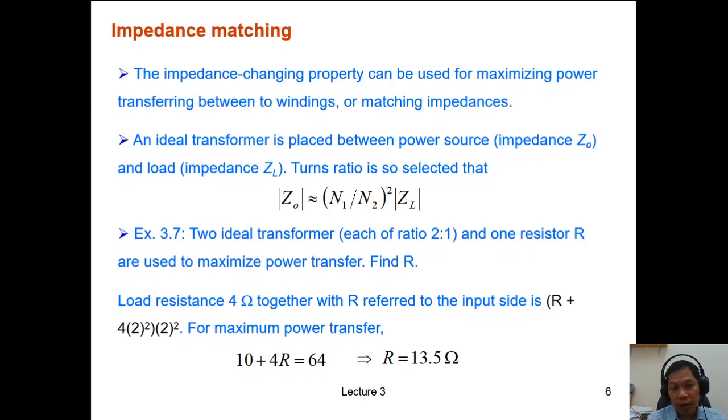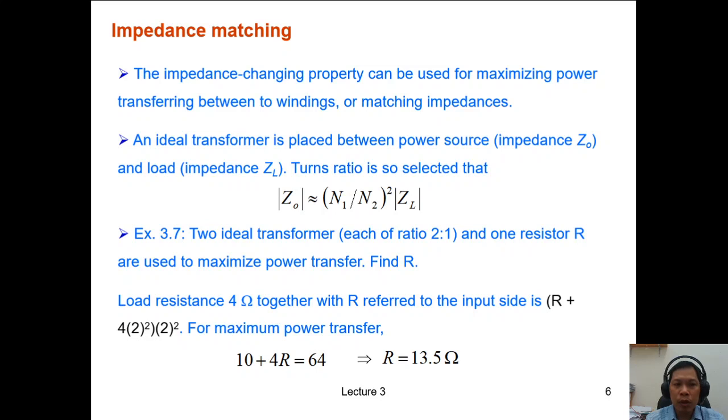We can change the turn ratio so that the converted impedance would be the same or similar to Z0, and then we will have the maximized power transfer.